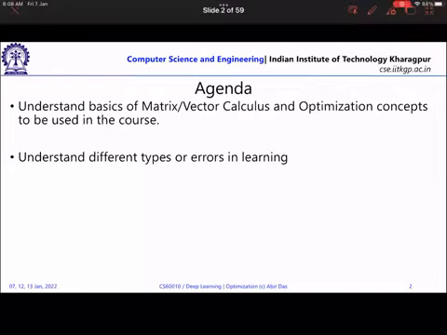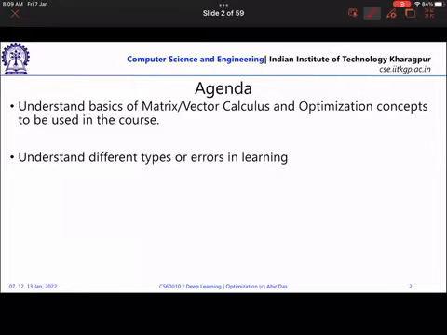The agenda is understanding the basics of matrix and vector calculus and optimization concepts to be used in this course. But before even that, we will understand different types of errors in learning. That is just some brush ups from the machine learning course, and mostly a little bit from learning theory.